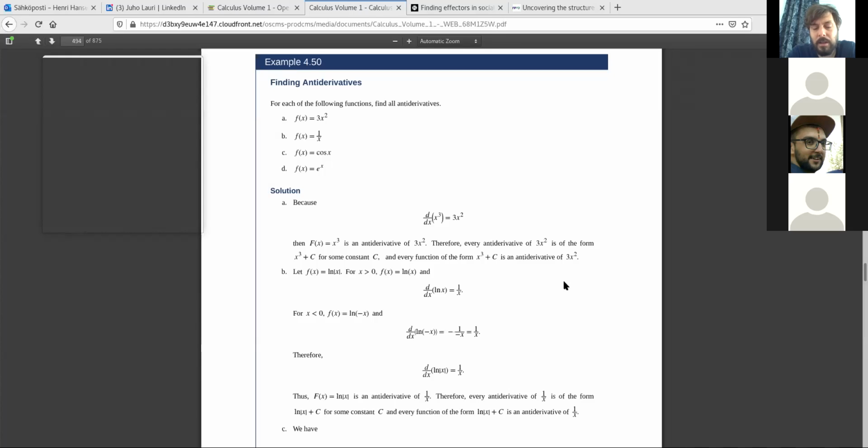So in fact, if we have the logarithm of the absolute value of x, then its derivative is 1 over x for all x. And add any constant to that, and that is also what is called an antiderivative.